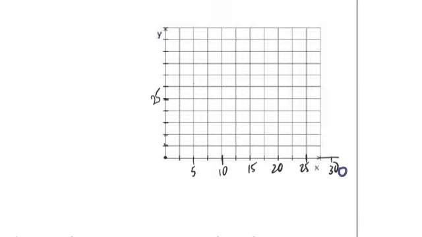So I'm somewhere here. I'm going a little faster. And at 10 seconds, I'm going at 35. At 15 seconds, I'm going at 43. At 20 seconds, I'm going at 47, and then back to 45, and then down to 41, okay?